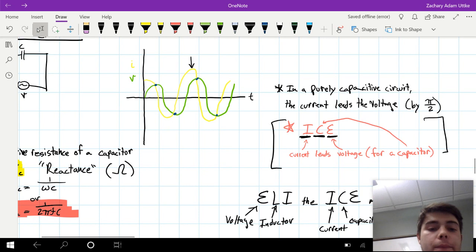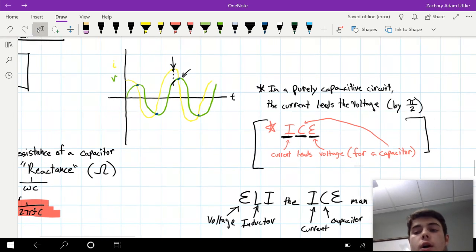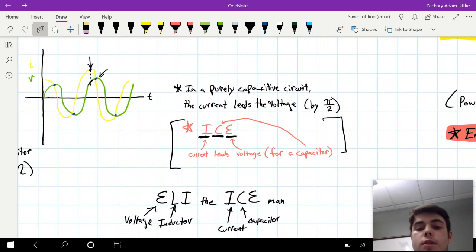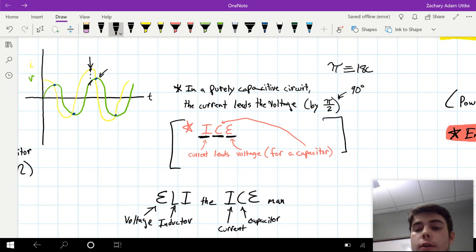For right here, our current I reaches its peak before the voltage does. So right here, when the current is at its peak, the voltage is still increasing. So that's all that means. And it leads the voltage by pi over 2. And what that actually means is 90 degrees. So pi is 180 degrees.